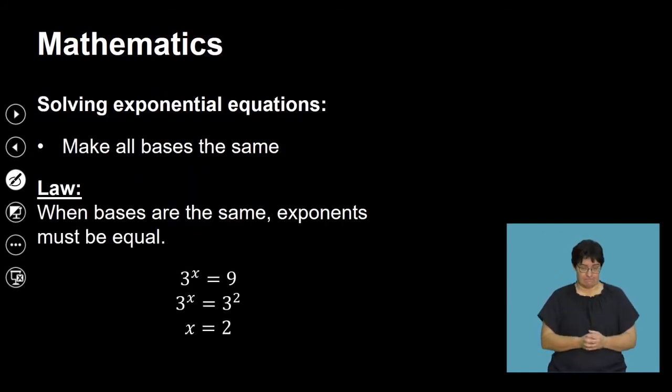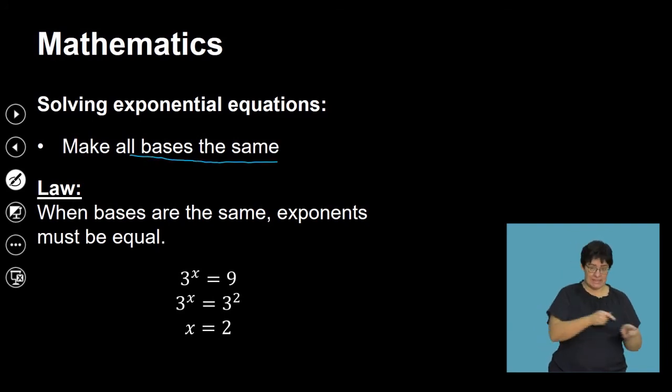Now, when we're solving exponential equations, what we need to understand here is we always need to make sure that our bases are the same. Why? Because the law says when the bases are the same, the exponents must also be equal, right? So, for example, with the example that I wrote in the previous slide, 3 to the exponent of x equals 9.